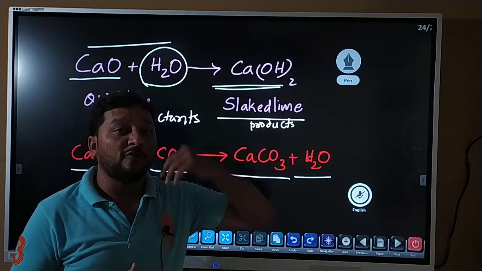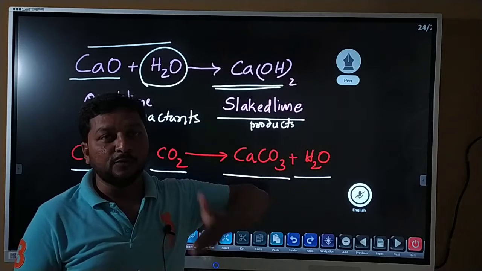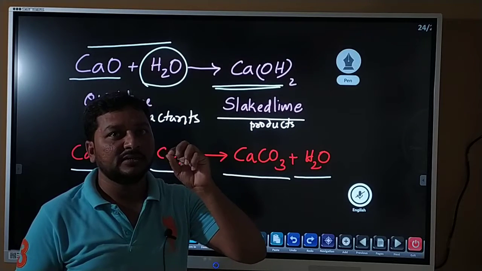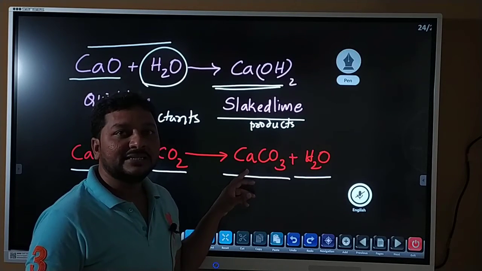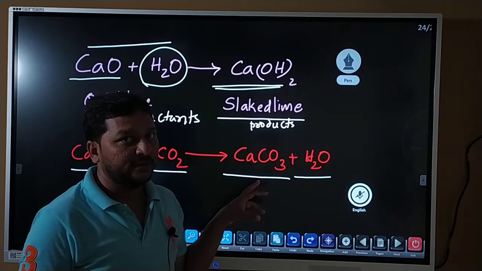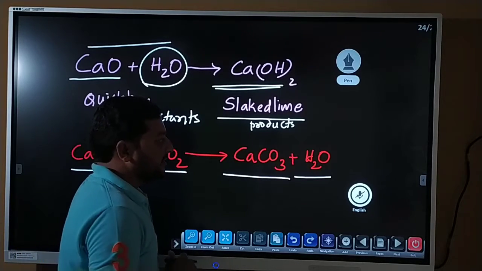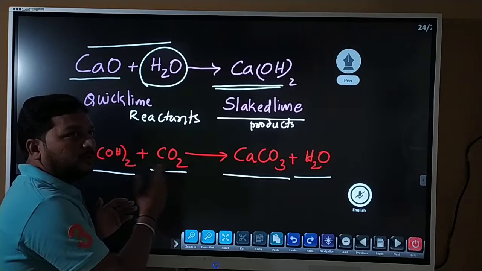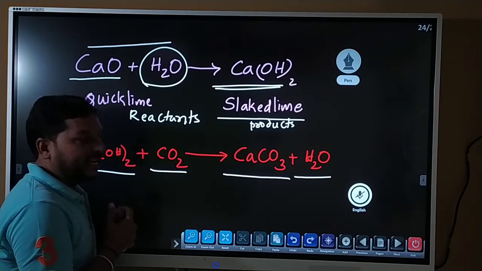After 1 year, if you remove the layer of whitewash, it is nothing but calcium carbonate. It is just an applied thing; that means we are using science in our daily life.